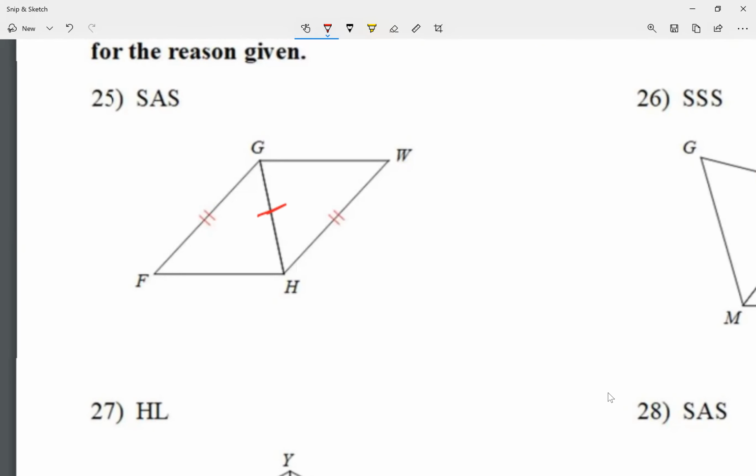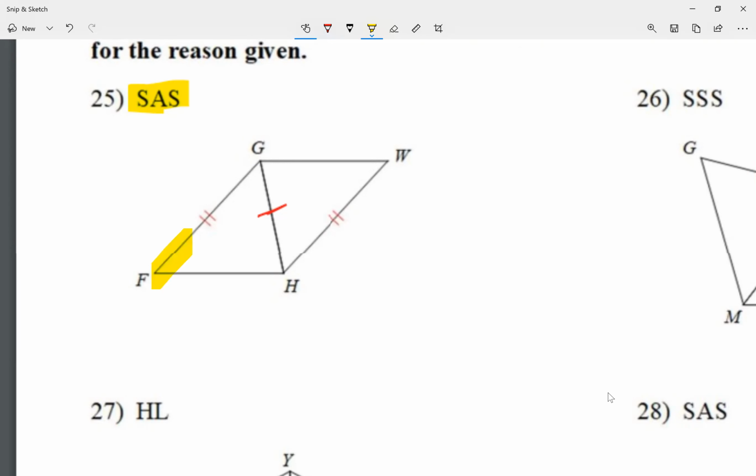Remember, when one side is used by both triangles, I can just mark it. If there's 2 angles that make an X, remember vertical angle theorem, I can mark the angle. So for right now, I'm just marking that side. And I see that I need to have side, angle, side. So 2 sides and the included angle.